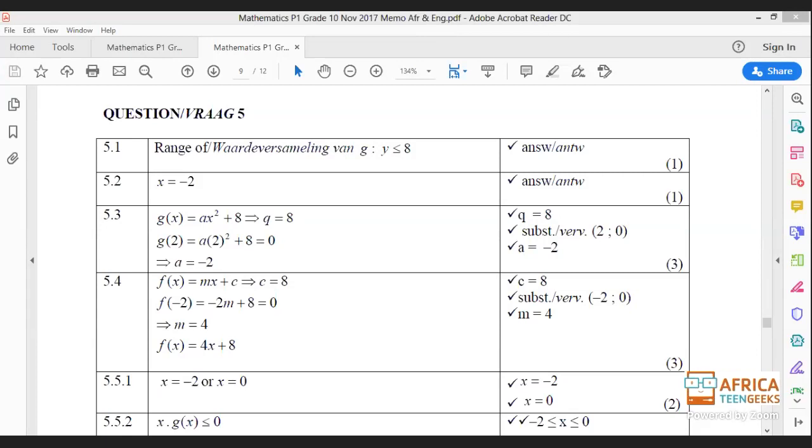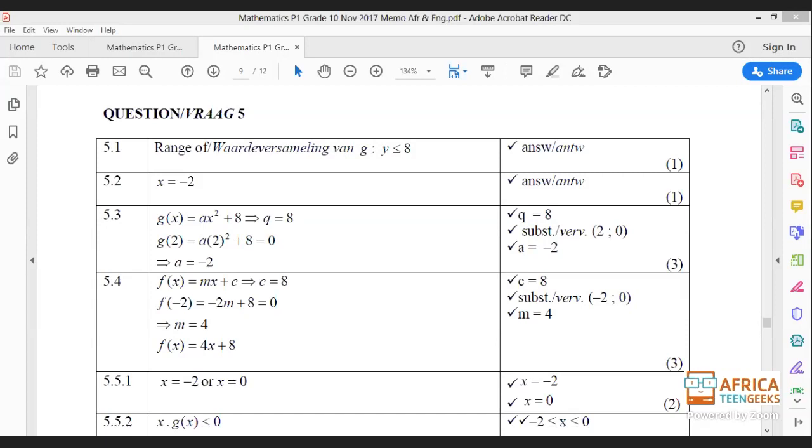Then now, what you need to do is to group everything. So now you're going to have negative 2x squared minus 4x. Then when you bring 8 to the other side, it's going to be minus 8.